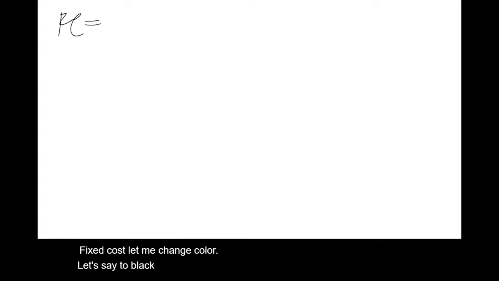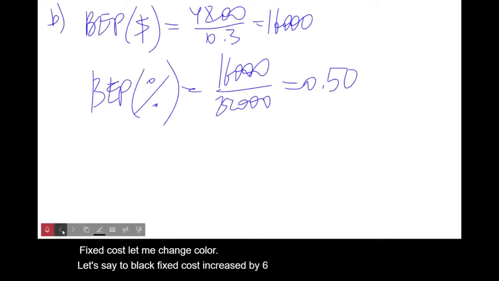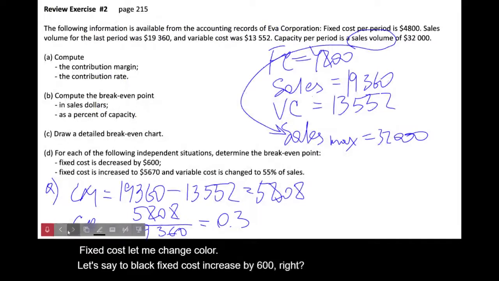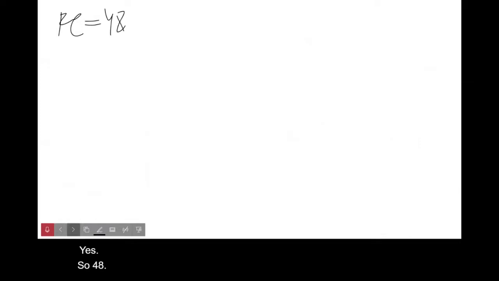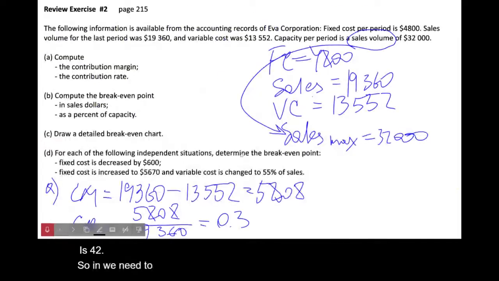Fixed cost increased by 600, right? Yes. So 4,800 plus 600 is 5,400. So we need to find break-even point, just break-even point.